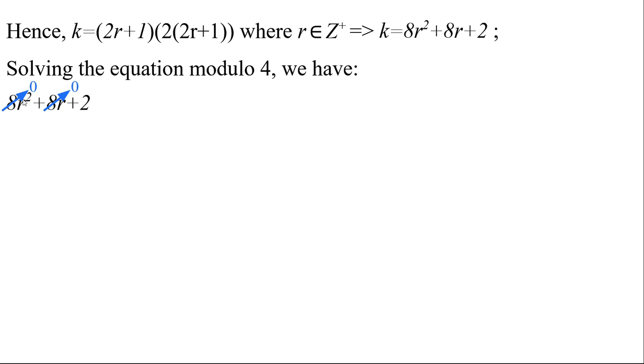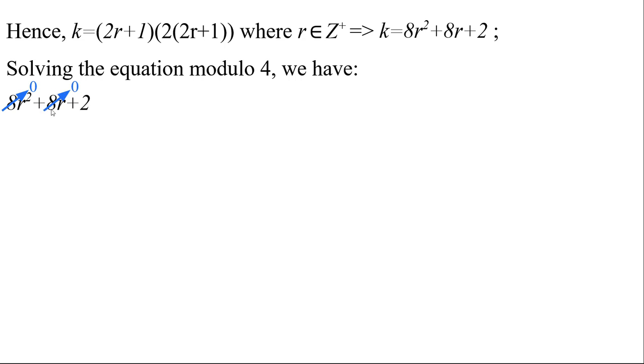So here you have 8r squared is congruent to 0 mod 4. That is the mathematical way of saying it. So basically what that means is 8 leaves a remainder of 0 when divided by 4. And same goes here, because no matter what r is, it's a natural number, so that won't really hurt things. It'll still be divisible by 8.